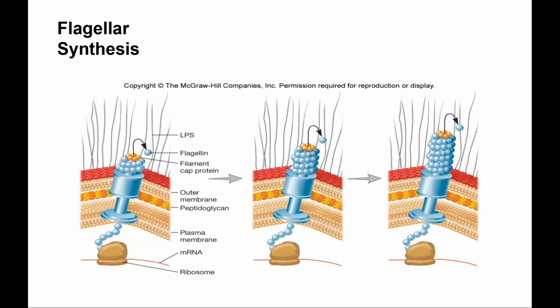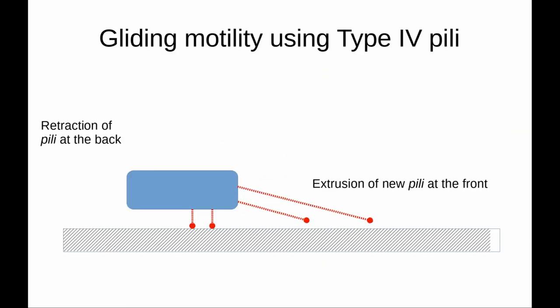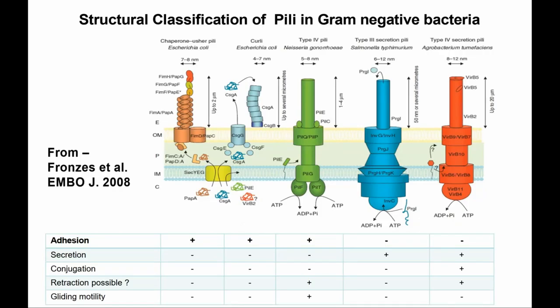It's hollow, but type 3 is also hollow. Let me go back. What does it look like? This one or that one? Type 3, because the filament protein gets added on the end. So it's exactly the same system for flagella synthesis.